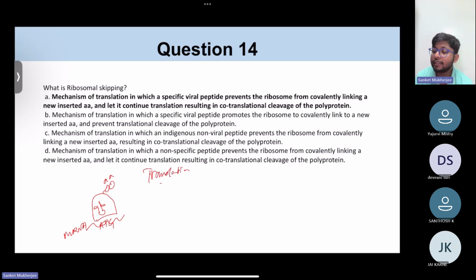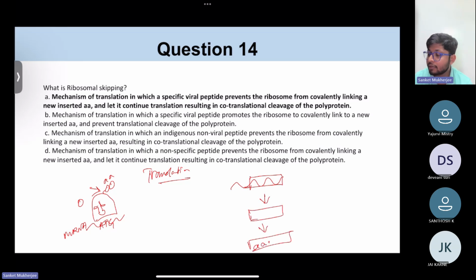But when there is a viral peptide, some other peptide, it prevents this covalent bonding from happening. So let's say this is the gene, and it codes for an mRNA, and this will code for some protein, which will have a sequence of amino acids. But because of this disruption in covalent linkage, there is a co-translational cleavage.